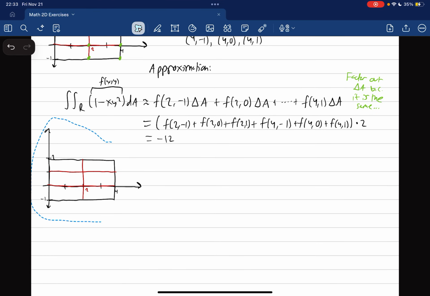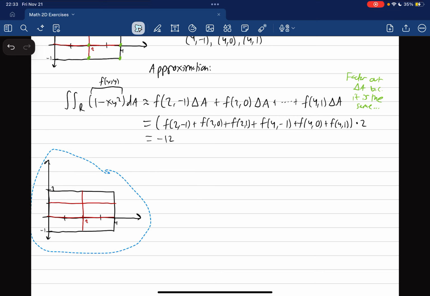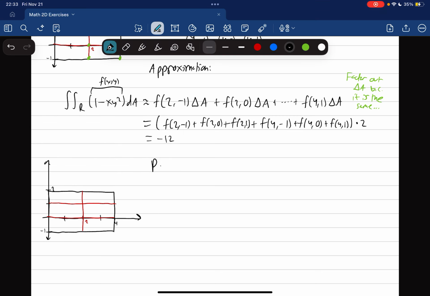Now let's do part B, where we do the upper left corners. And so we'll do this here. For part B, once again, we want the upper left corners, so that's going to be these points right here.